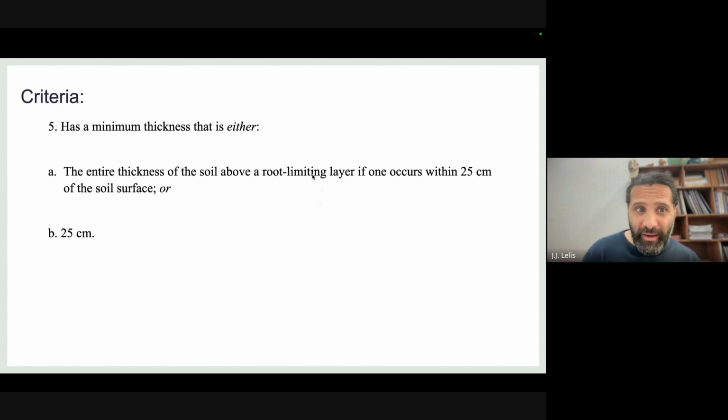Some people don't like this very much, because sometimes you can find a soil or a horizon or a layer that has basically all the properties, all the characteristics, all the morphology of something, and they want to classify it as a diagnostic horizon, but they can't because, for example, the thickness is not the minimum thickness that it should be.